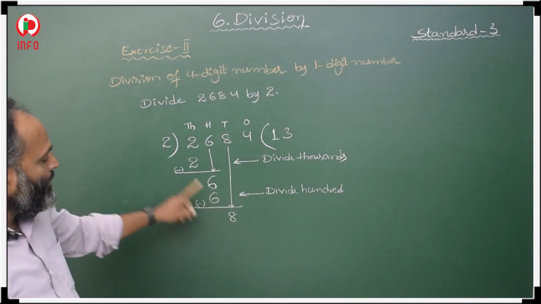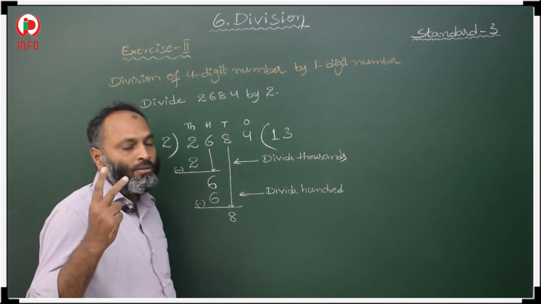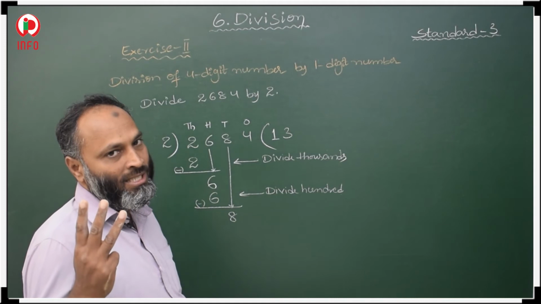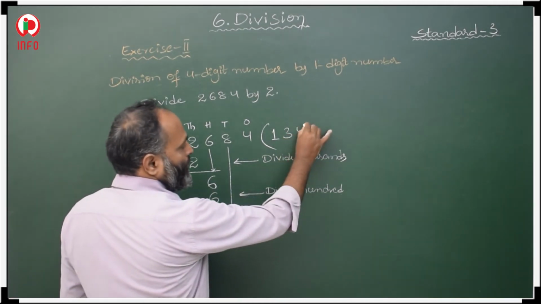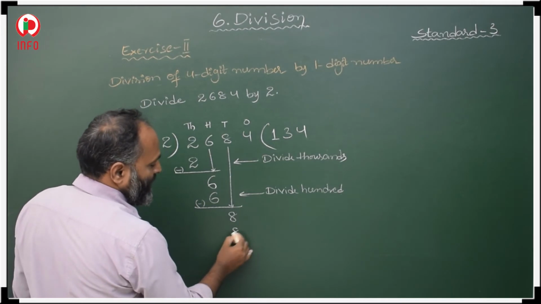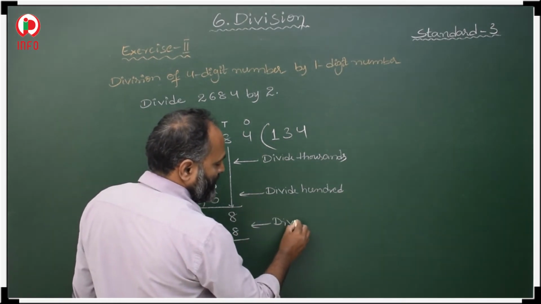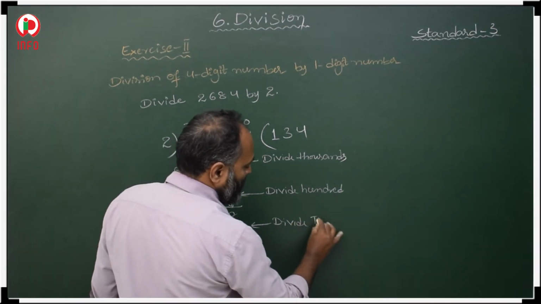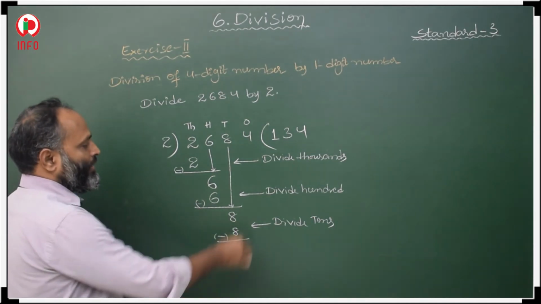Then in the 2 table when you get 8, read your 2 table: 2 ones are 2, 2 twos are 4, 2 threes are 6, 2 fours are 8. 2 fours are 8, we have to write here. This is divide tens. Then 8 minus 8 is 0, no need to take.